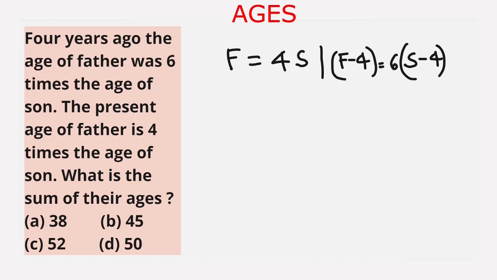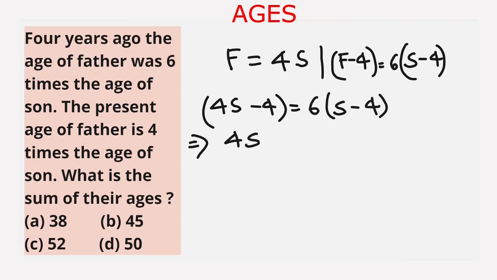So I put the value of F from the first relation, which is 4S. So 4S minus 4 is equal to 6 times S minus 4. On solving, we get 4S minus 4 equal to 6S minus 24. 6S minus 4S is 2S and 24 minus 4 is 20.